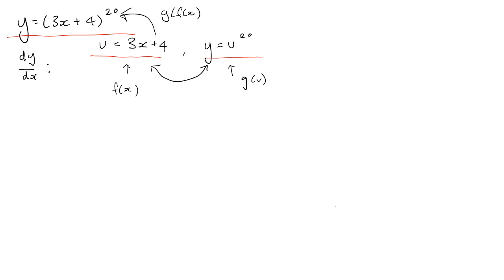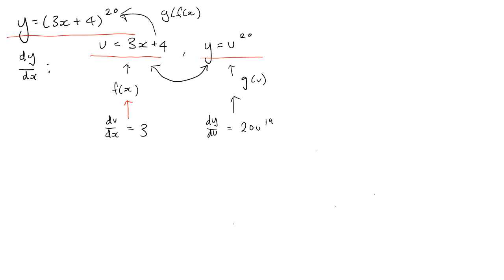So if we wanted to find the derivative of u equals 3x plus 4, that would be du on dx, which is 3. Now we have to find the derivative of y equals u to the power of 20. That would be dy on du, which would be 20u to the power of 19.